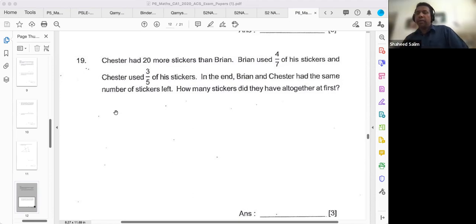Ask yourself how many parts of Brian's stickers is equal to how many parts of Chester's stickers? Do you know? You know. Okay, then you draw the model. If you know, you can draw the model. If you don't know, you cannot draw the model.